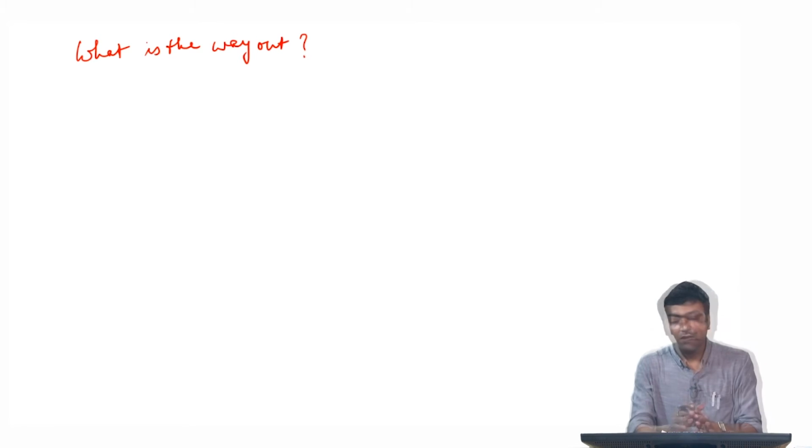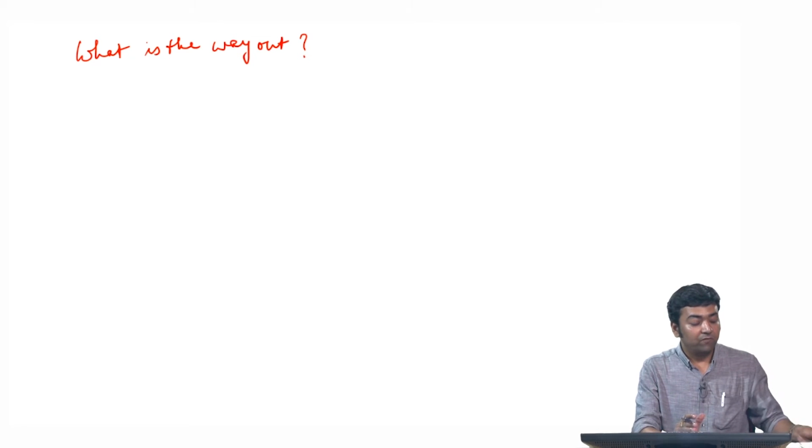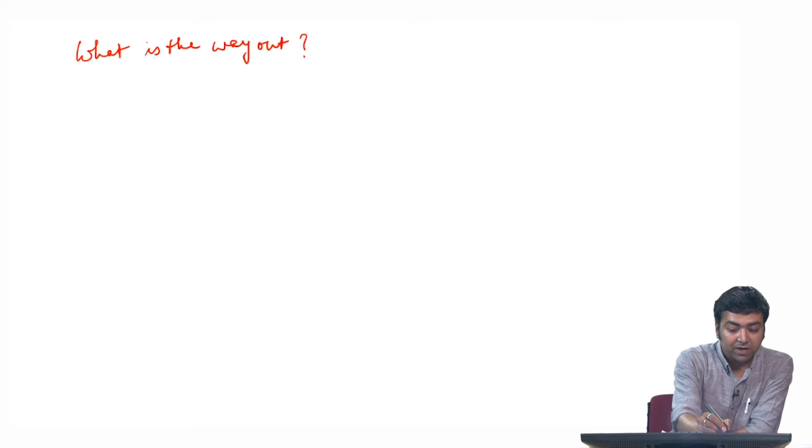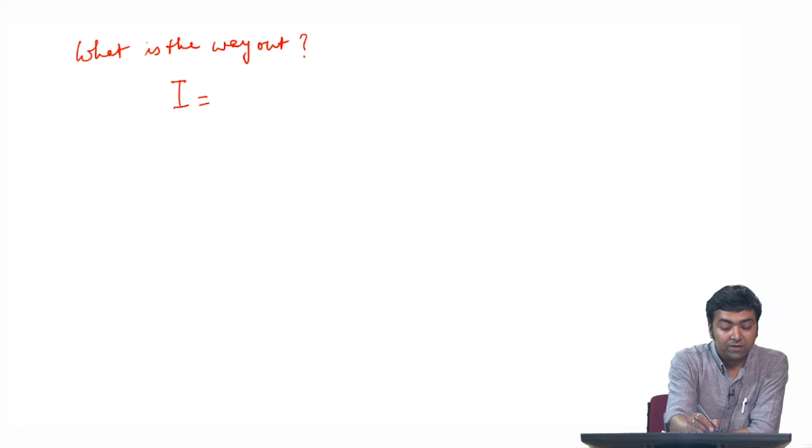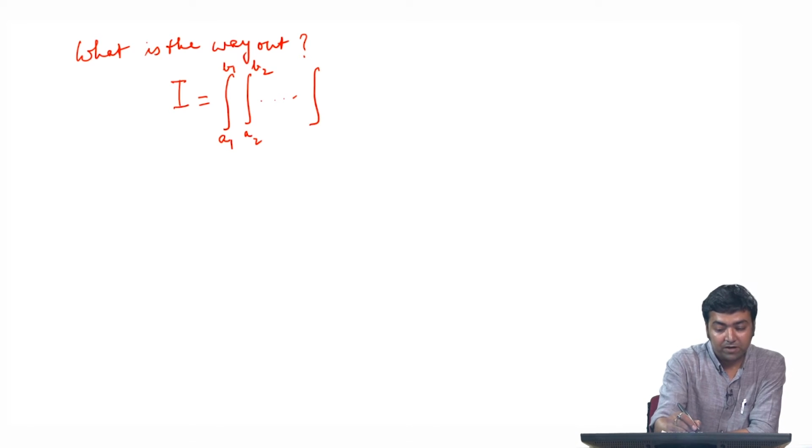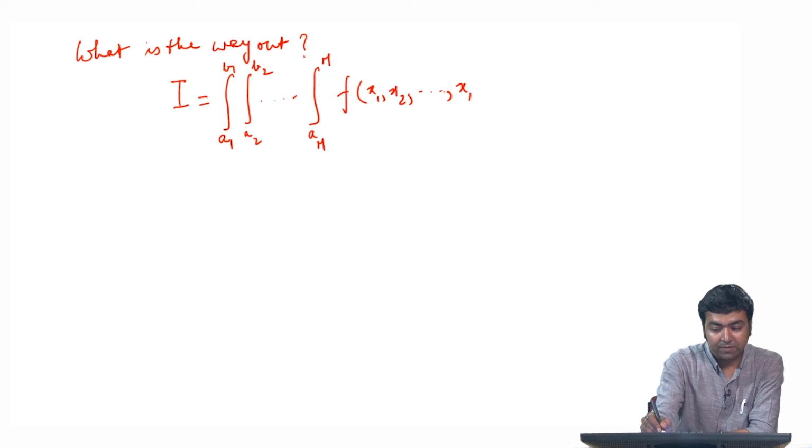Let us see, in general, what one means when we talk about a multidimensional integral. We are going to discuss methods which will help us get estimates of these types of integrals. So, I have an m dimensional integral, where the number of dimensions goes to m, with x 1, x 2, all the way to x m.